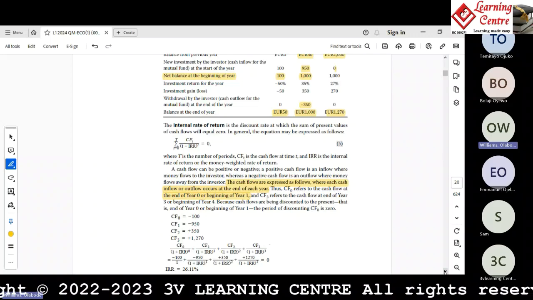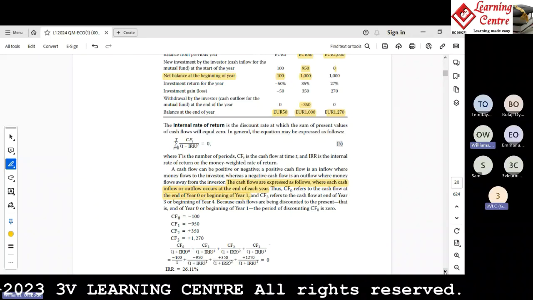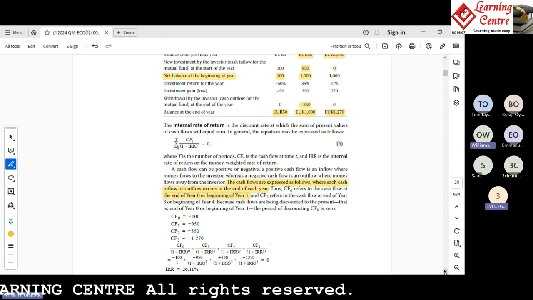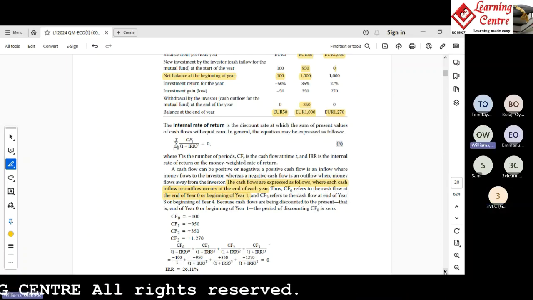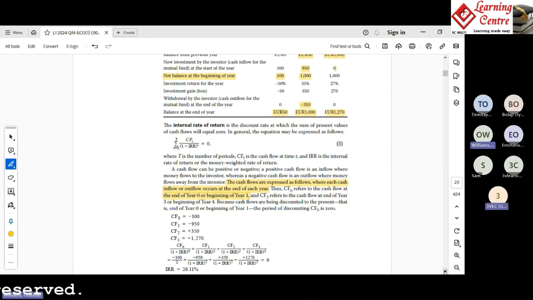If it's an addition to the investment, it's negative. If it's a withdrawal, it's positive. For example, this client withdrew 350. He could have come back again and withdrawn another 200, and then come back and withdrawn 50. In that case, as long as the cash flow is within that period, you can aggregate all of the cash flows for the period.